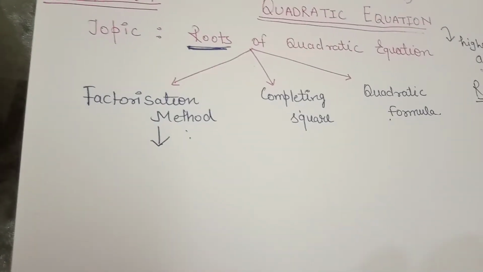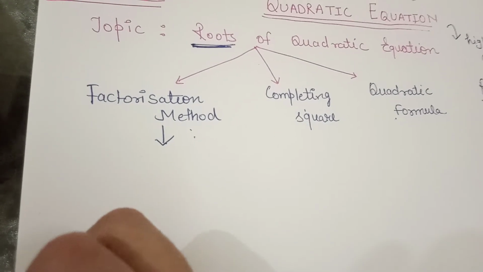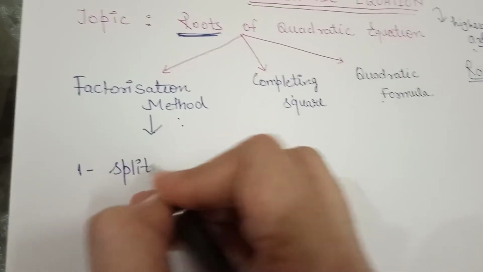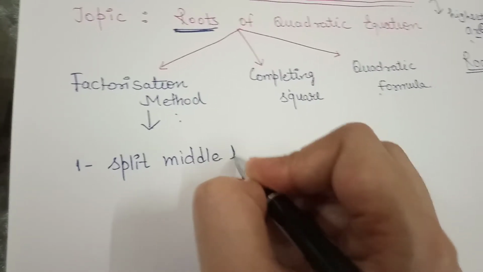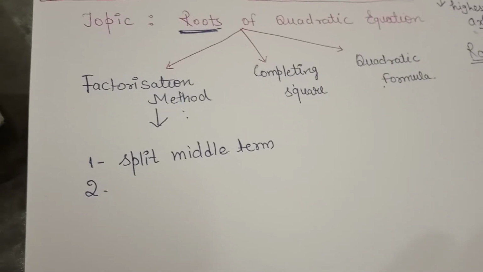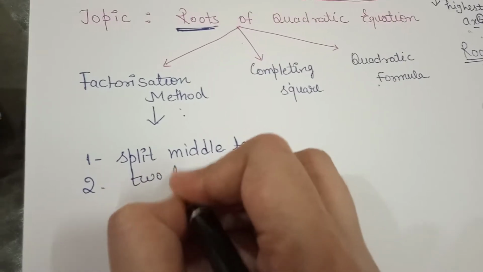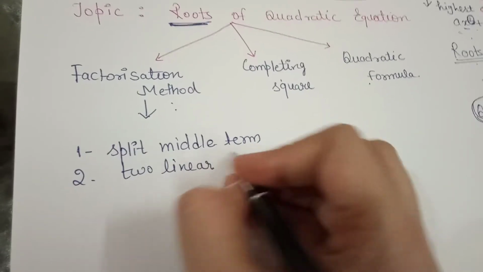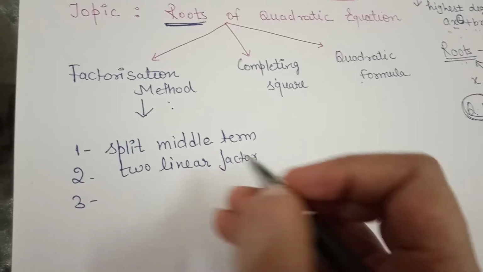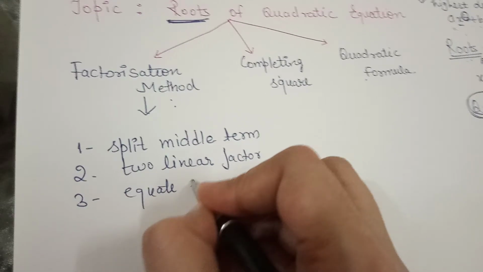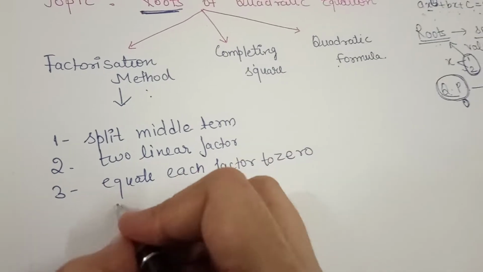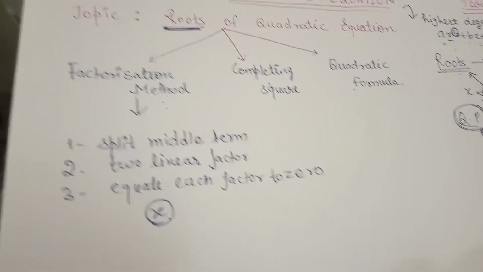In 9th by middle term splitting method. Same method, the factorization method is exactly the same method. So what do we do in this? First we split the middle term. Then we find two linear factors, the two factors we get are always linear factors. And third, we equate each factor to 0 to find out the value of x, means roots of quadratic equation.